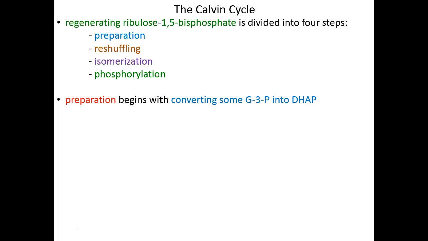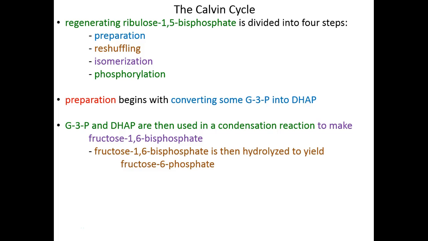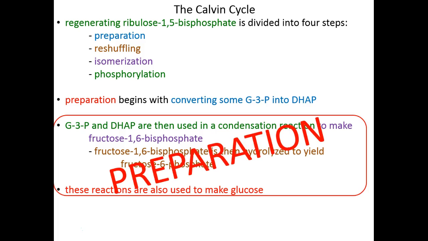So preparation begins with taking some of the GAP and a DHAP that we can make from 3PG and using that to condense together via the action of aldolase to create fructose 1,6-bisphosphate. Fructose 1,6-bisphosphate is then used to make fructose 6-phosphate. And of course, these are the reactions that also go off to make glucose, but we're going to stop right there, and we're going to make fructose 6-phosphate and leave it at that.